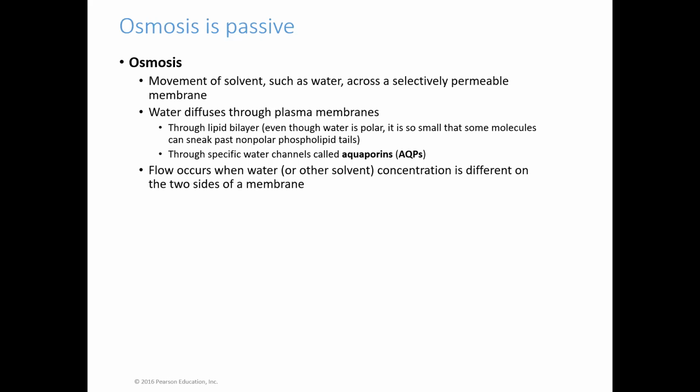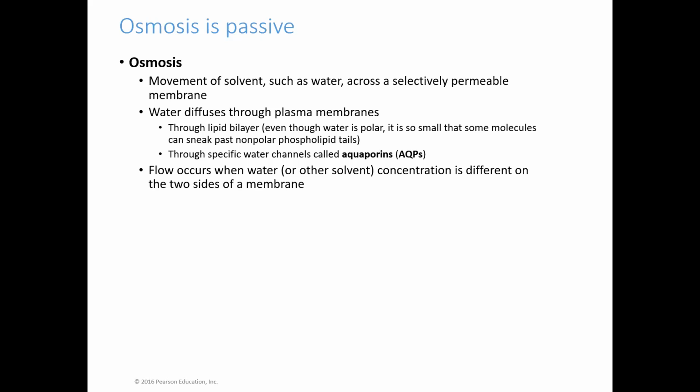The concentration inside the cell is going to be 1% sodium chloride and 99% water. So on one side of the cell, the fluid in the beaker has a 10% salt solution, which means it's 90% water. The fluid inside the cell is 1% salt, which means it's 99% water.